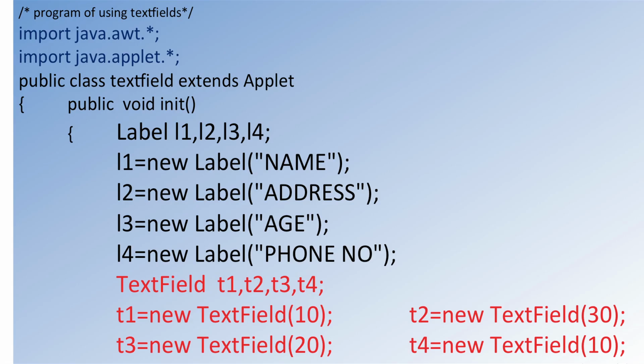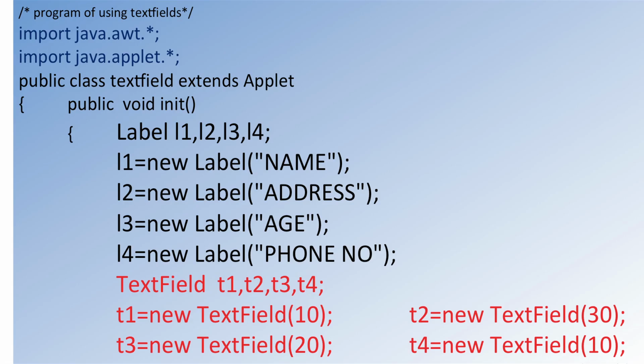So we have four labels. A label is basically used for displaying text. Label writes text on the applet, so suppose we have to display some field on our applet, then we can use a label. L1 represents name, L2 represents address, L3 represents age, and L4 represents phone number.